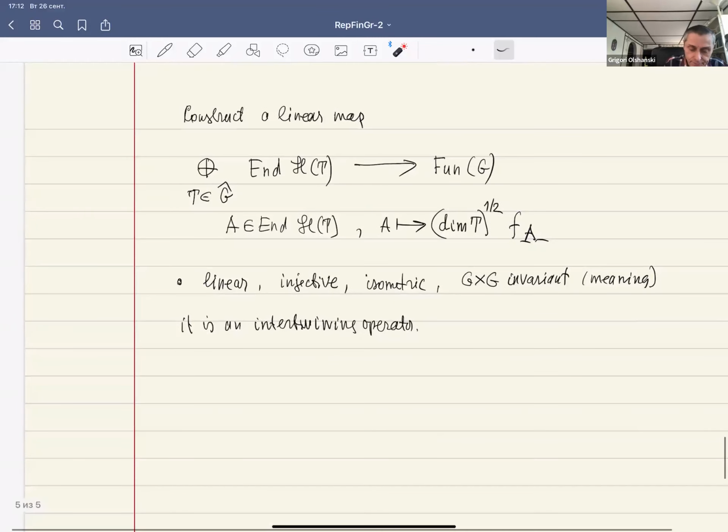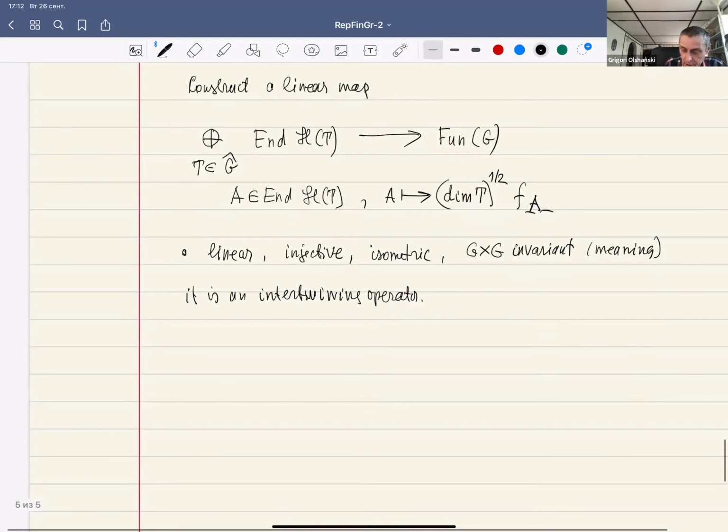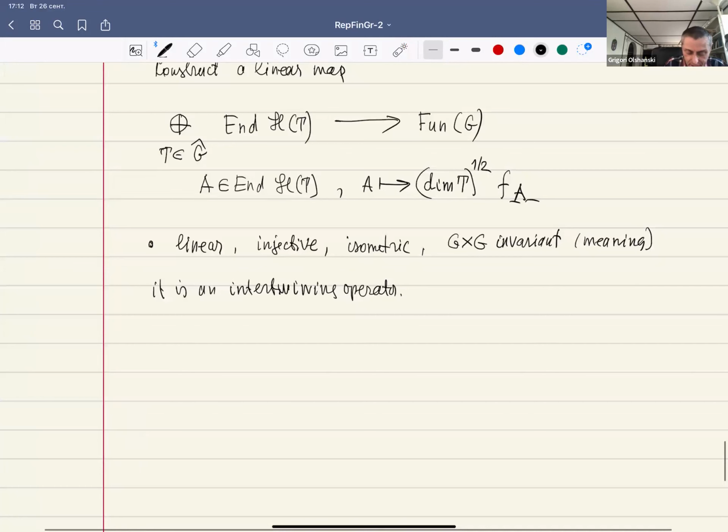So I have to be a little bit more precise. What I mean by biregular representation of G cross G on the space of functions, because there is a little ambiguity and I want to be precise.